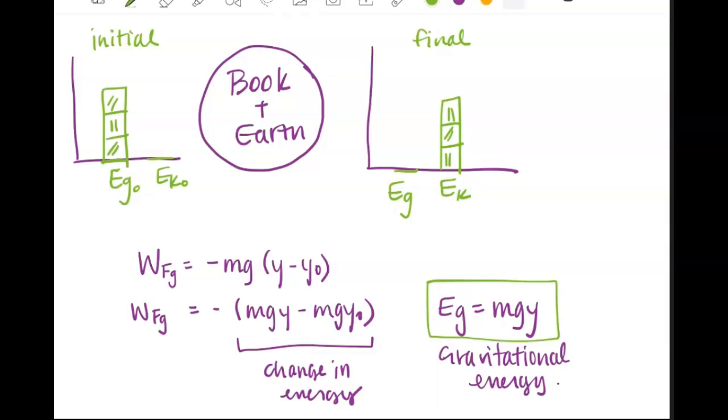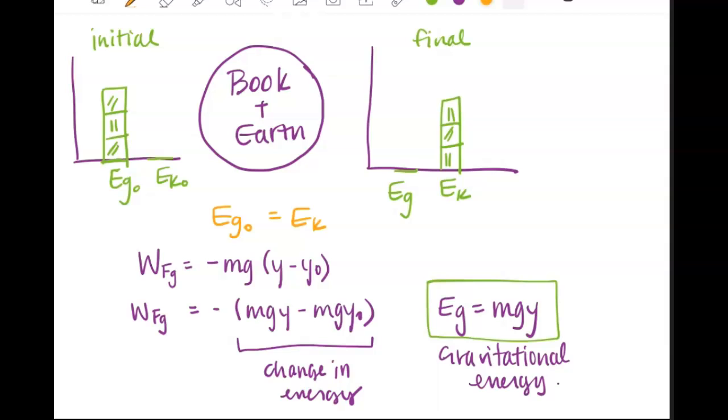And so then I can write an energy transfer equation. EG initial, EK initial is 0, so I'm not going to include it in my equation, is equal to EK final.